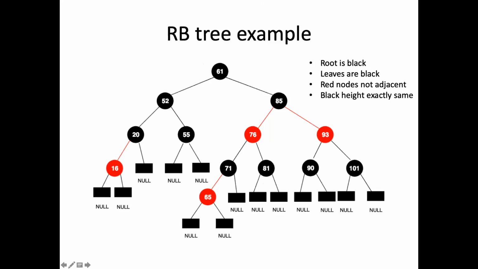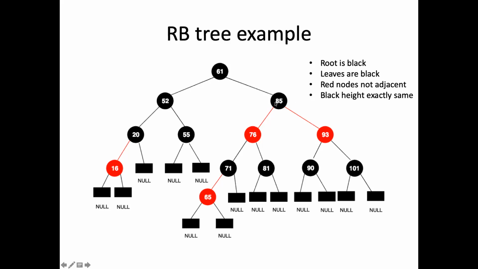Okay. What would I store here? You would be storing 4, because this subtree here is of size 4. Right? What would I store here? What would be the value stored in 85?